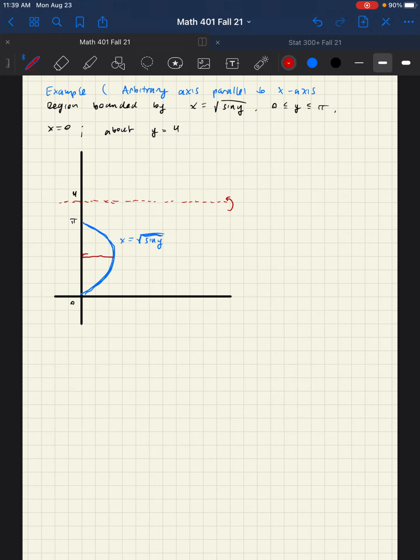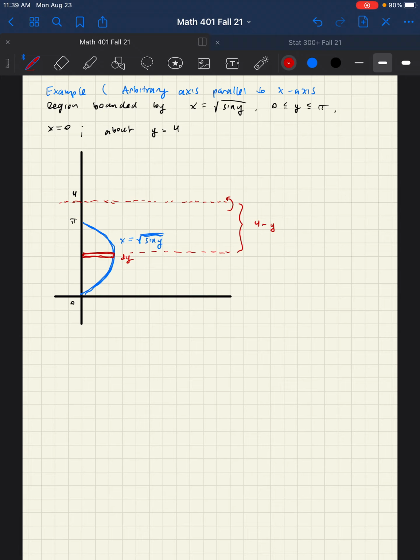And so when we rotate around this line, that means our shells are going to be these infinitesimal shells laid horizontally like this. So as we set up the infinitesimal shell, right, our thickness is dy, and the radius of such a shell is the distance from the line 4, okay?